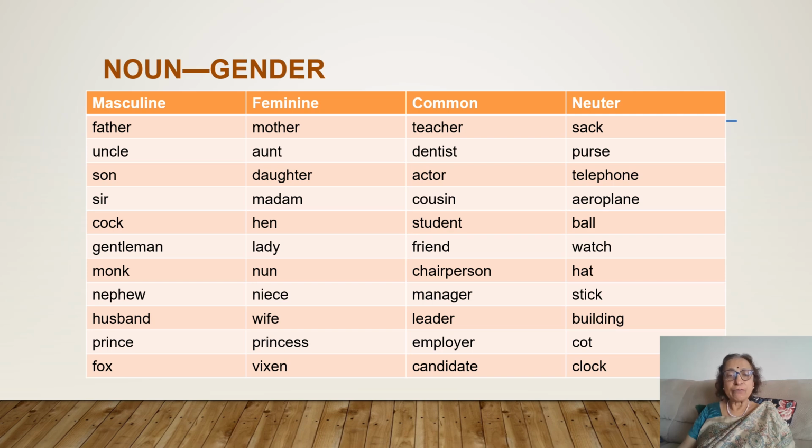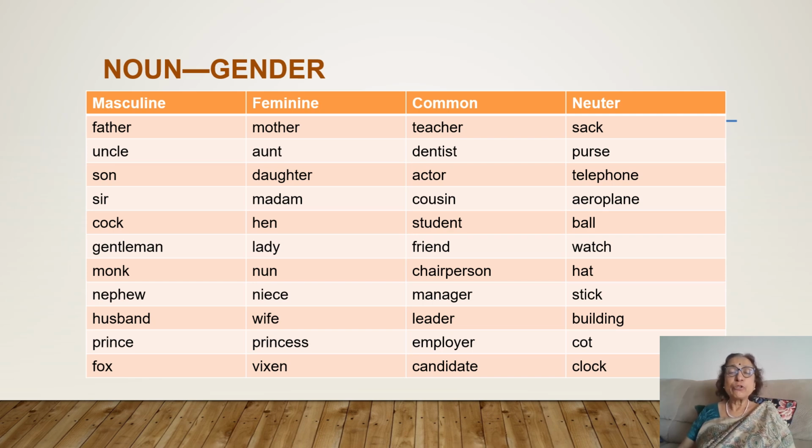Then you have an animal, fox and vixen. In one of the exercises, I have given a passage with all animal genders. So there you will learn, and that will be an introduction to you where you can find out much more when you delve into it.